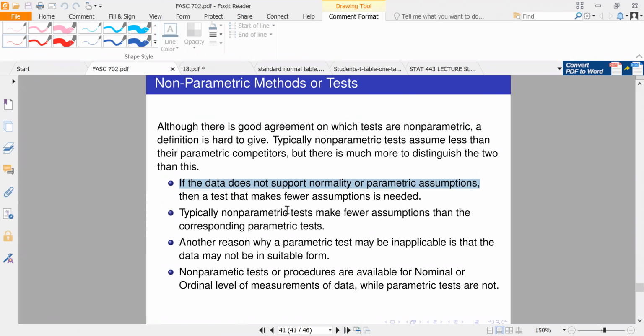Another advantage is that because we do not need to check for normality or calculate parameters, we make fewer assumptions. So for non-parametric methods, we have very few assumptions that have to be made with respect to your data analysis.